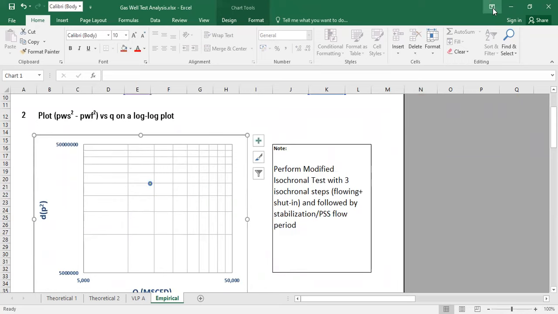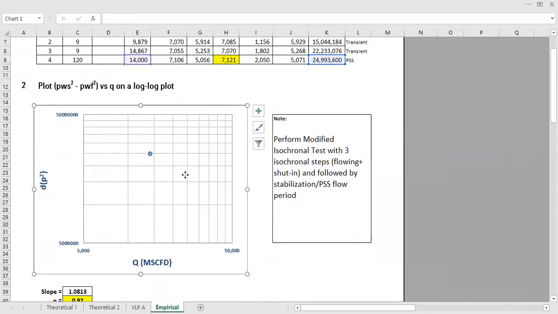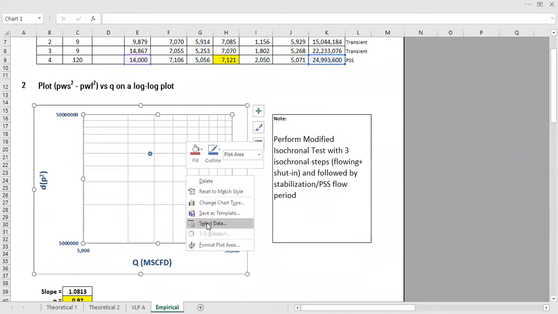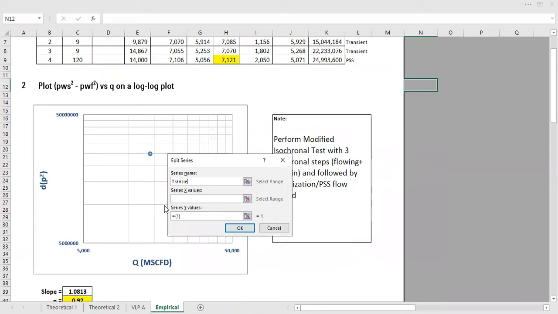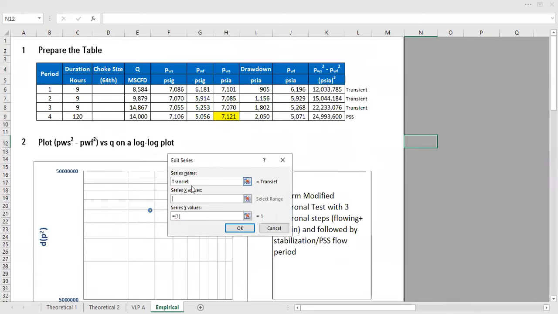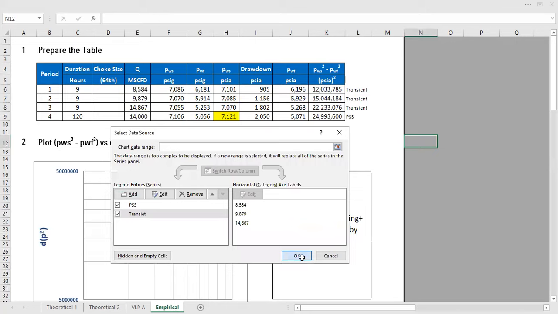So this one, right click, select data. I want to add the transient period, the X values, the horizontal axis, we use the flow rate, the tree data, and then the vertical axis, we get that from this column there.